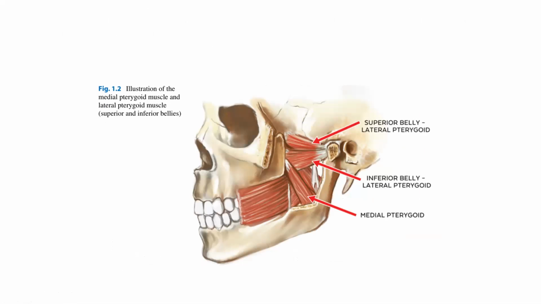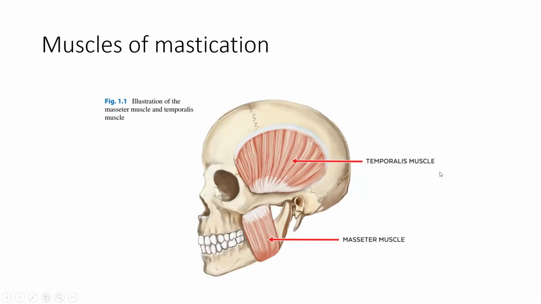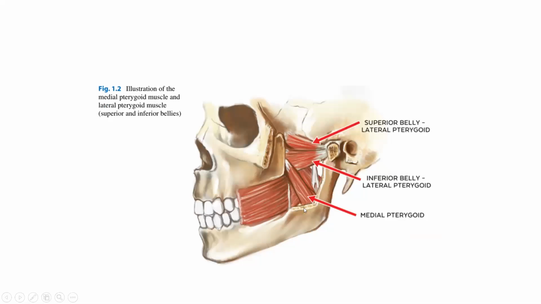Another component of the temporomandibular joint is the muscles of mastication: the temporalis muscle, the masseter muscle, the lateral pterygoid and the medial pterygoid.